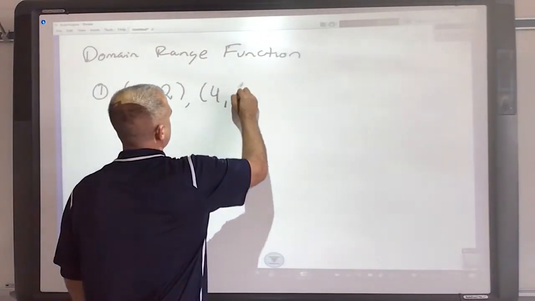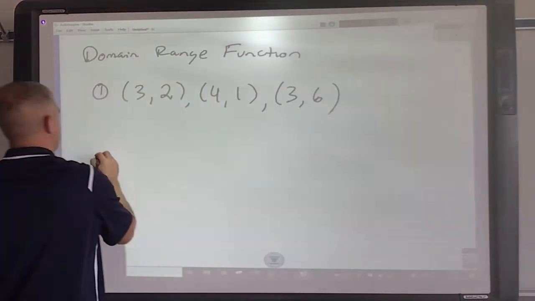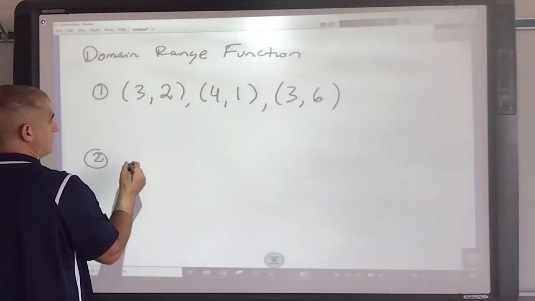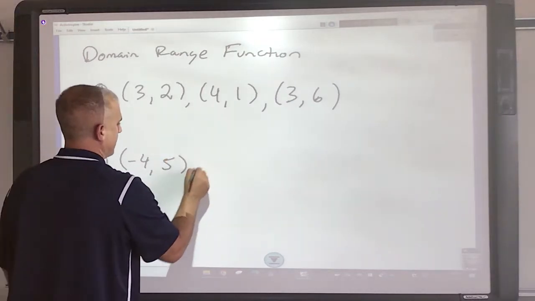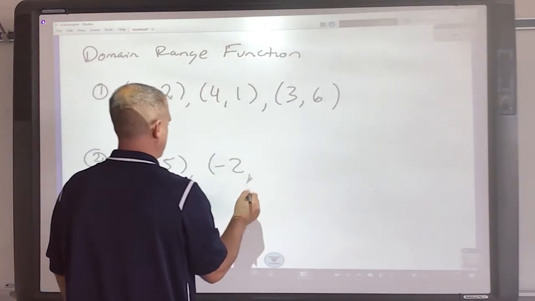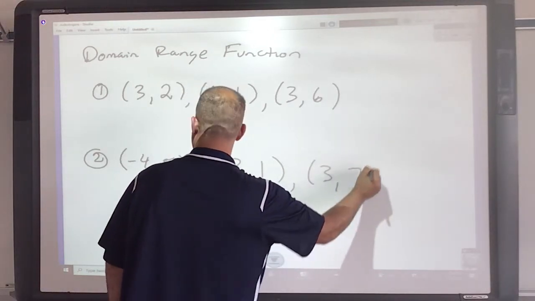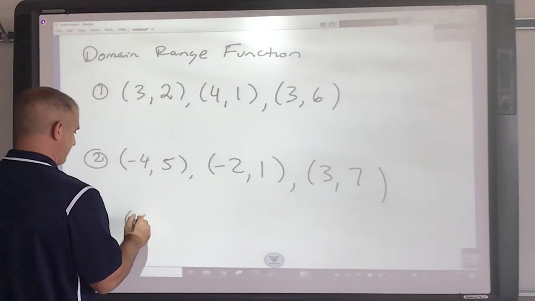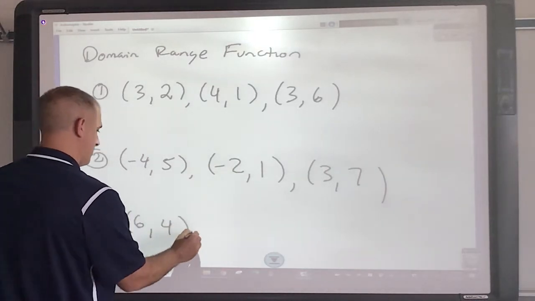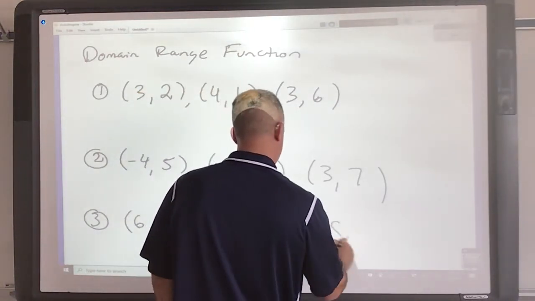Let's say 4, 1. Let's say 3, 6. Let's say negative 4, 5. Negative 2, 1, and 3, 7. And then the last one here would be 6, 4, 7, 2, 8, 2.